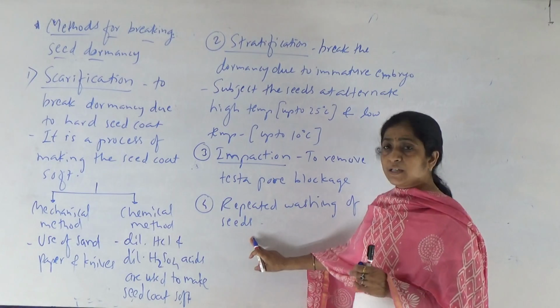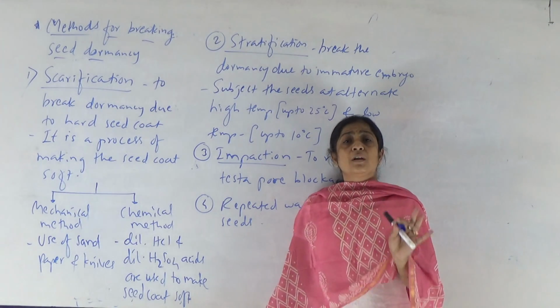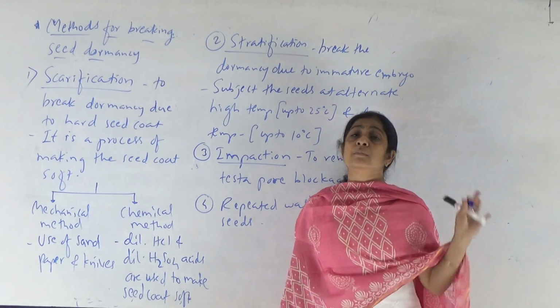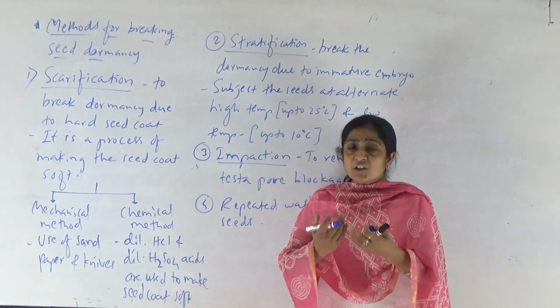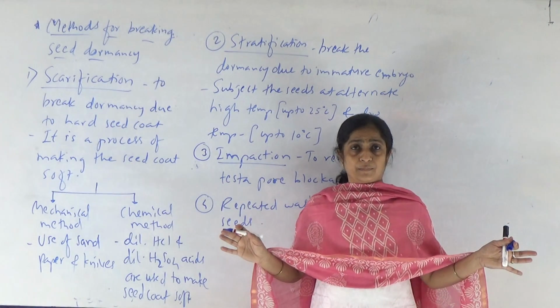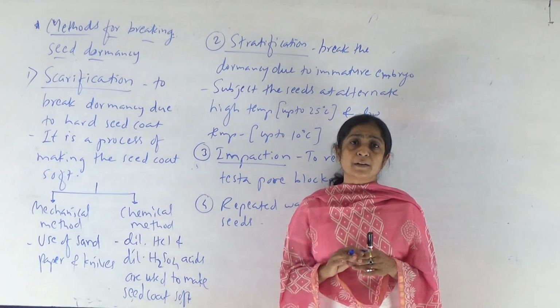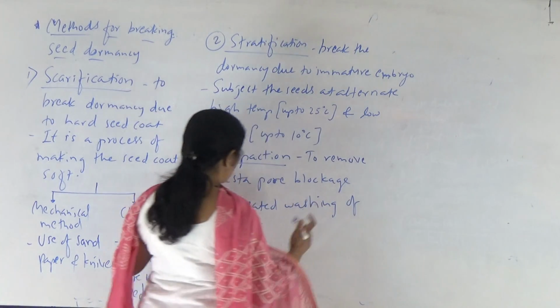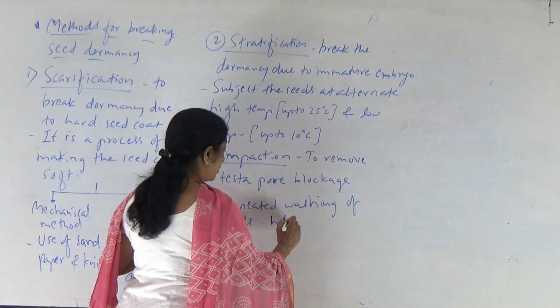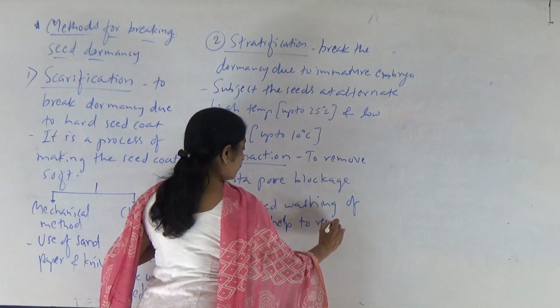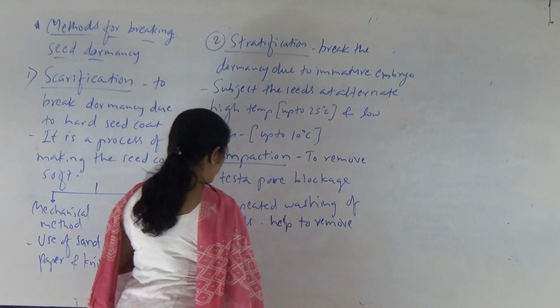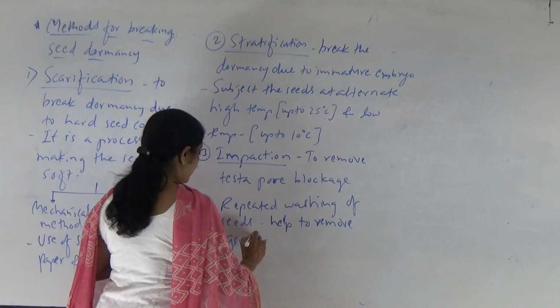Repeated washing of seeds helps to remove germination inhibitors from seeds, and once the germination inhibitors are leached out, seeds are able to germinate. So repeated washing of seeds helps to remove germination inhibitors from seeds.